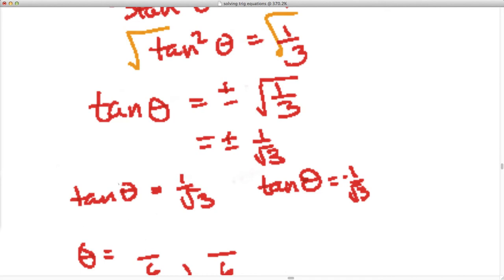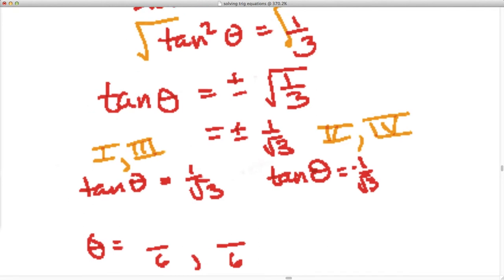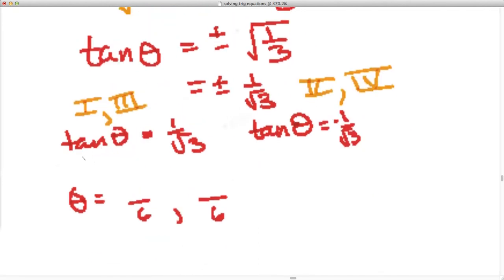Positive is in quadrants 1 and 3, and 2 and 4 would be the negative quadrants. So in the first quadrant, pi is the numerator. In the third quadrant, it's 1 more than the denominator and then the pi.